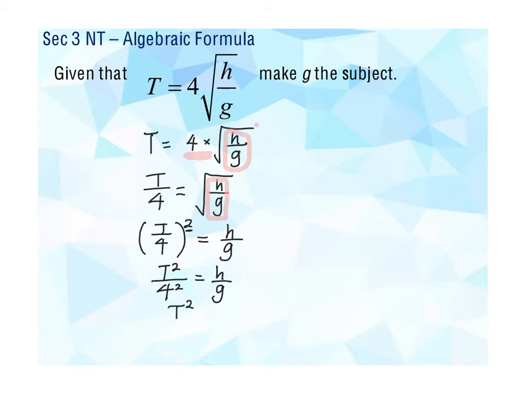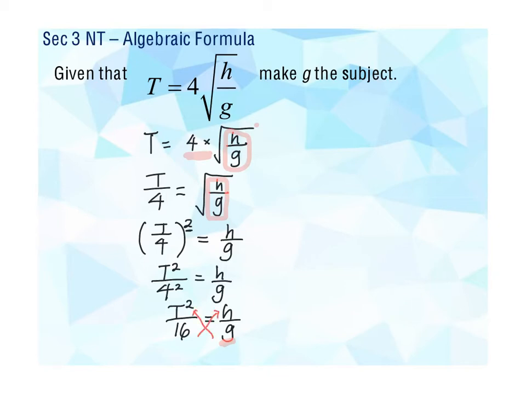So T squared over 16 equals H over G. We want to make G the subject. G is down here, but it is in a fraction. So what can we do? We need to do the next step, cross multiply.